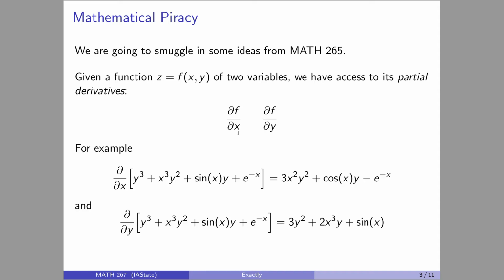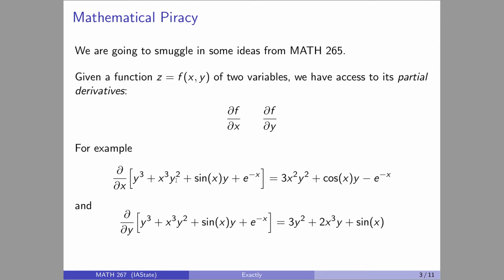Right. So for example, here's a function of two variables: y cubed plus x cubed times y squared plus sine of x times y plus e to the negative x. If I take the partial derivative, so note the fancy curly d to represent partial derivative, with respect to x, what's going to happen? In the eyes of x, y is a constant, so y cubed gets killed.